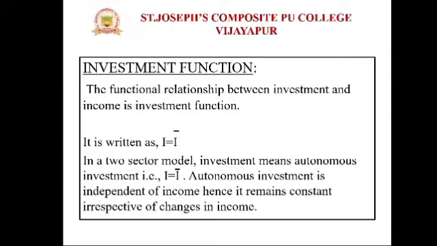Now let me discuss the investment function. What is the investment function? The functional relationship between investment and income is called the investment function. Dear students, remember, a functional relationship between investment and income is the investment function. Can you remember the consumption function? Consumption function is a functional relationship between consumption and income. Like that only, investment function means there is a functional relationship between investment and income.